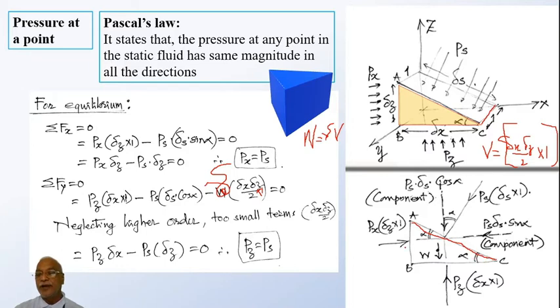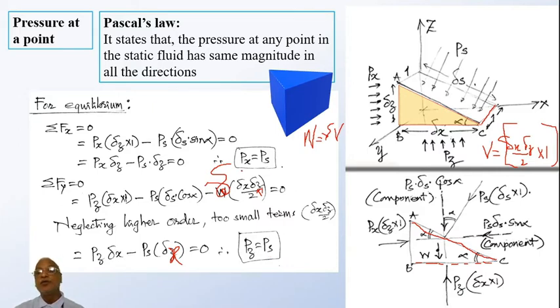You have a right angle triangle, alpha is over here, and this length BC becomes delta s cos alpha. So delta s cos alpha is written as delta x. These two terms get cancelled, and you end up with pz equal to ps.